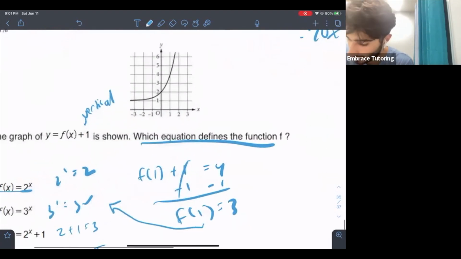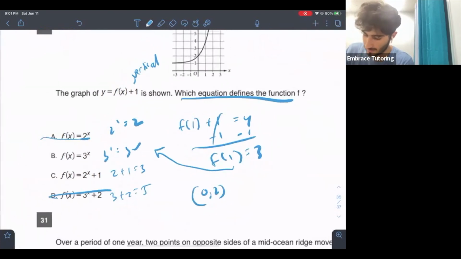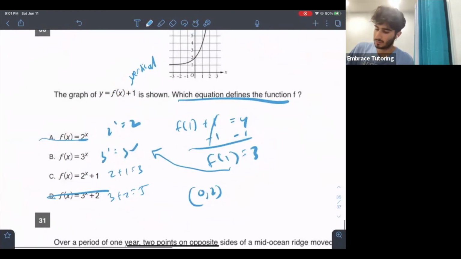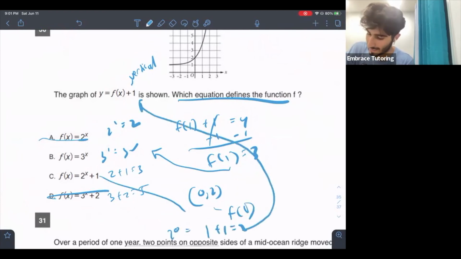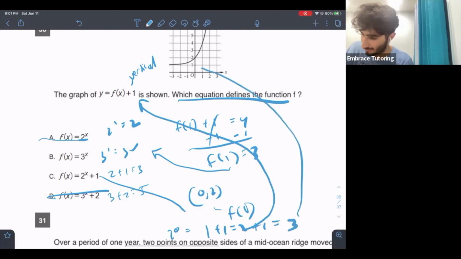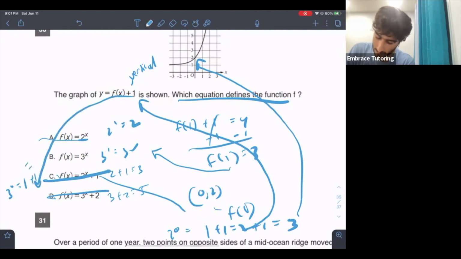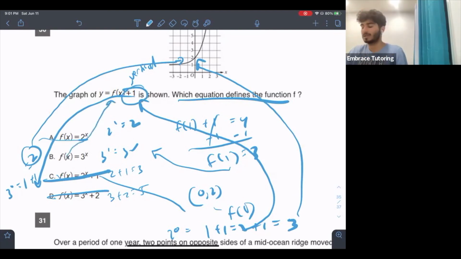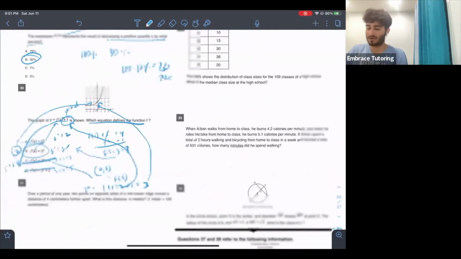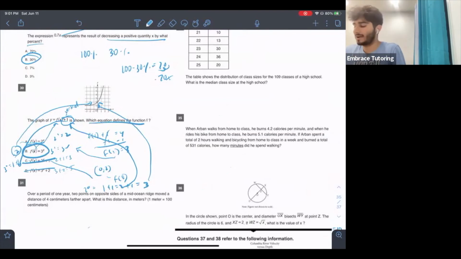Simple mistake. Okay, I get it now. If you plug in 0 and 2, you should get 2. So when you plug in f of 0, you get 2 to the 0, which is 1, plus 1 is 2, and then you have to plug in the extra 1 to get 3, which doesn't match the 2 here. So that's why C is eliminated. But if you plug in the 0 here, you get 3 to the 0, which is 1, plus the 1 to get 1 plus 1 is 2, and that matches the y-intercept. I'm just plugging f of x into here, and then adding an extra 1 to get choice B as the correct answer for 30. Now that makes more sense.